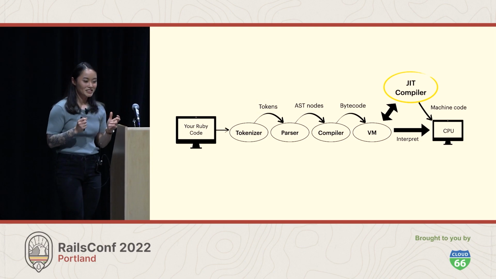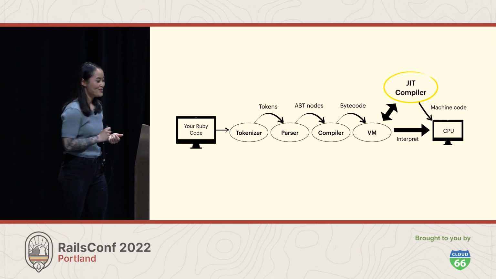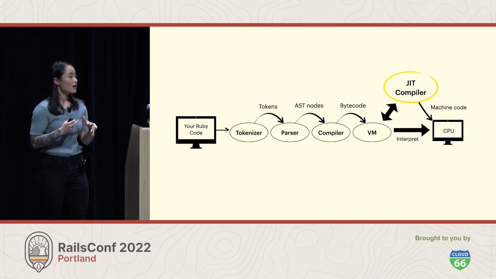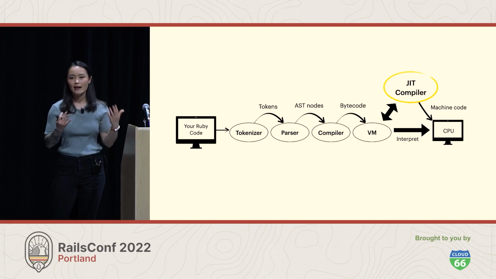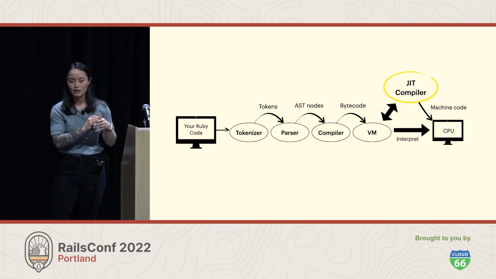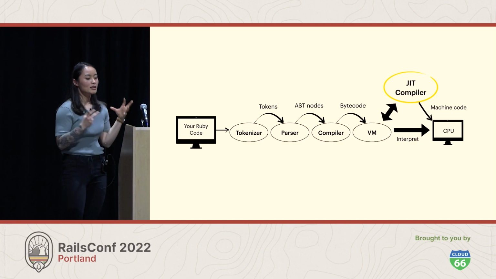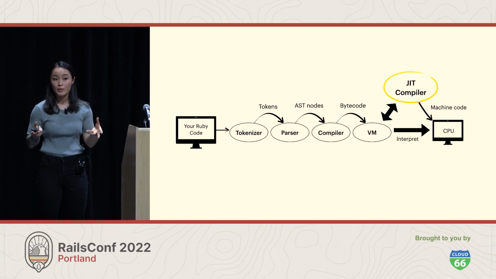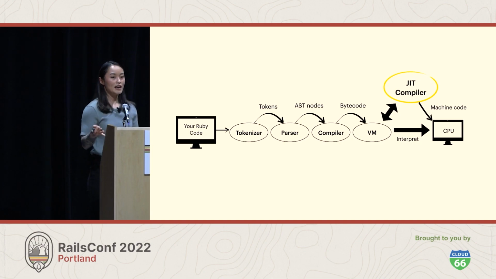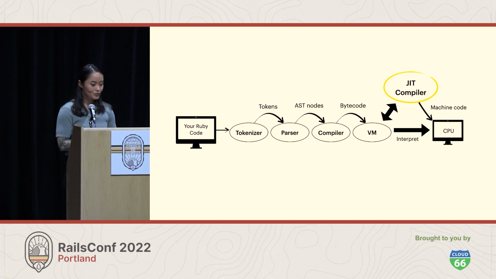So because just-in-time compilers work just in time, they are able to make smart decisions based on the program runtime information, like types or how often a program takes this specific path, and create specialized machine code for those paths that are frequently used. And that results, obviously, in a faster runtime overall.